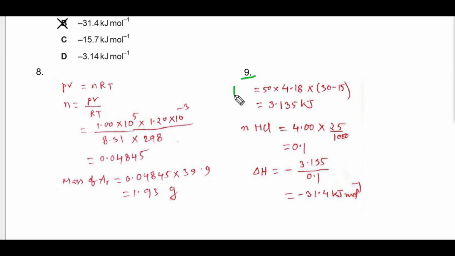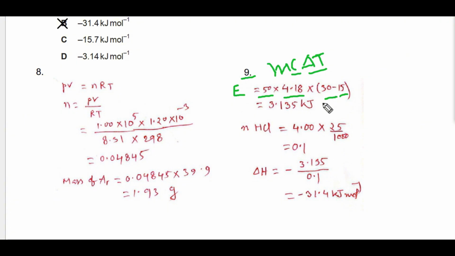First, E equals mc delta T, the energy transferred. Mass of solution is 50, specific heat capacity is given as 4.18, delta T is the change in temperature, higher temperature minus lowest temperature.